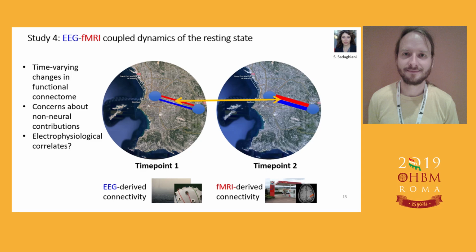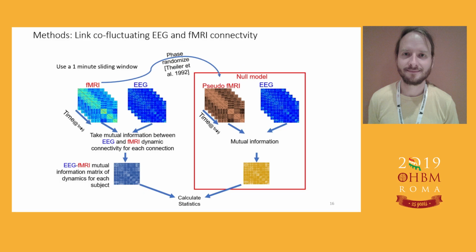And the idea here is that we now want to measure the fluctuations of this dynamic functional connectivity by splitting up our signal into dynamic functional connectivity using a 1-minute sliding window, both for our EEG and fMRI connectomes.